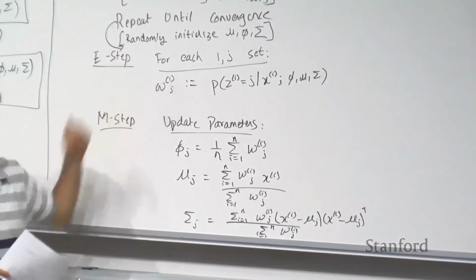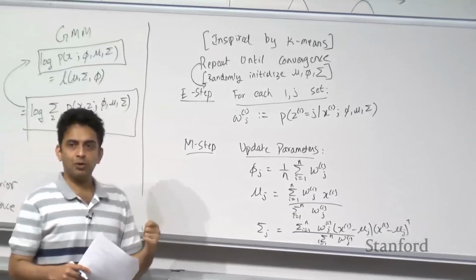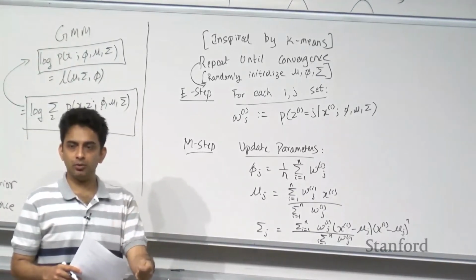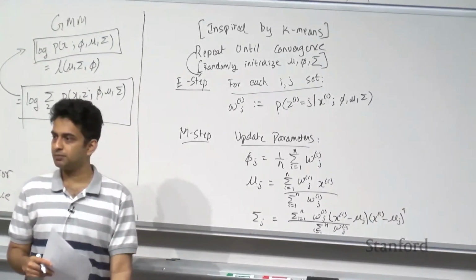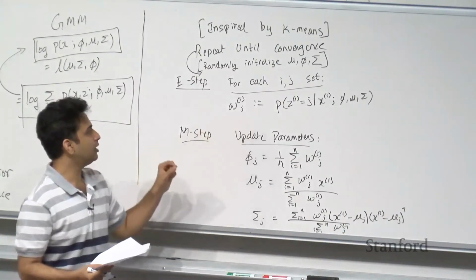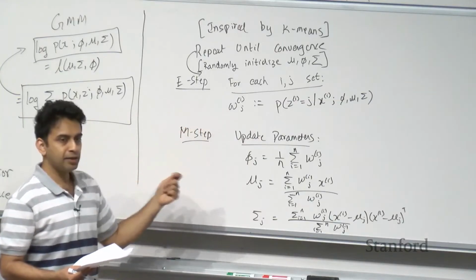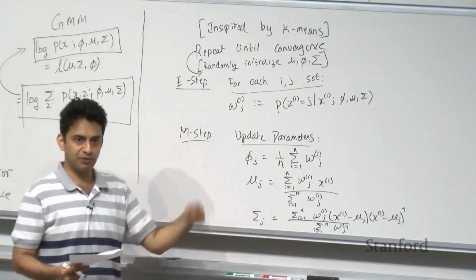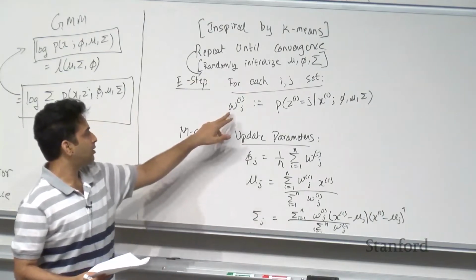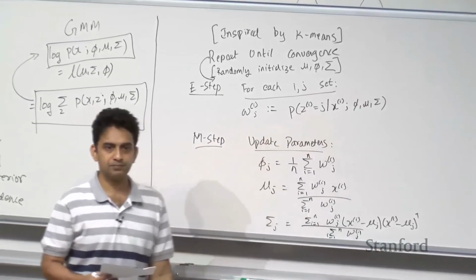And based on the random initialization, in k-means, for each point we associated it to the nearest cluster centroid. The kind of similar operation that we are going to do here is for each point we are going to assign a weight to each cluster centroid specific to that point, where the weight is the posterior distribution P of z given x.